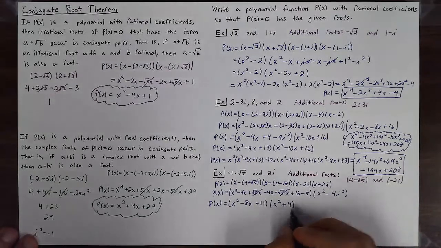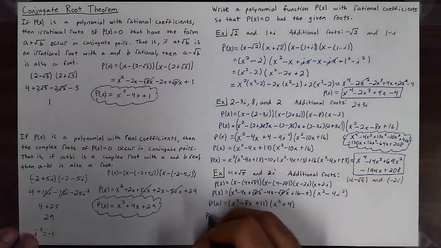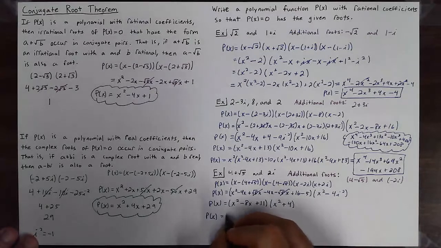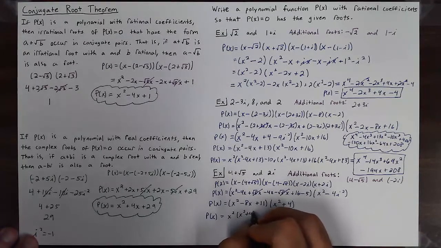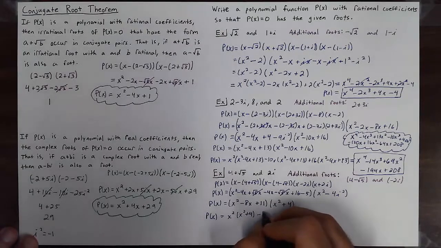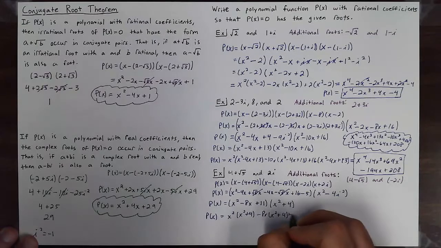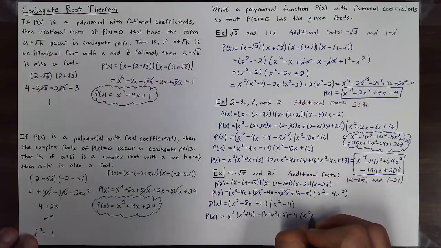And then I can distribute that into the parentheses, and I get this x squared times x squared plus 4, negative 8x times x squared plus 4, and then plus 11 times x squared plus 4.